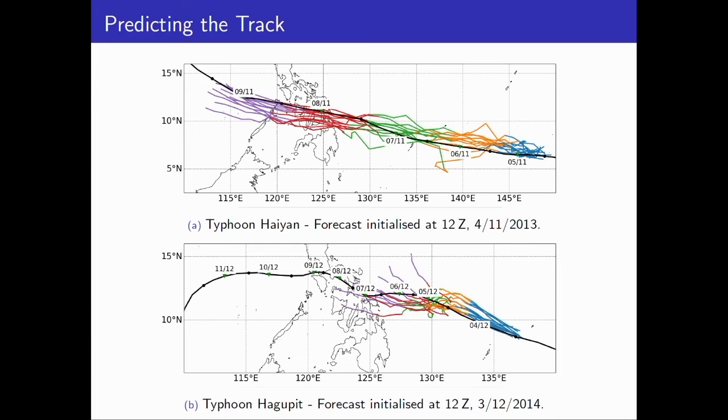And just to add on what actually happened, the best track line, which is a black line, did actually stay within the ensemble spread for Haiyan, and Hagupit was also in the ensemble spread, but the forecasts were less useful. So I really want to compare these two storms and explain why Hagupit was so unpredictable.